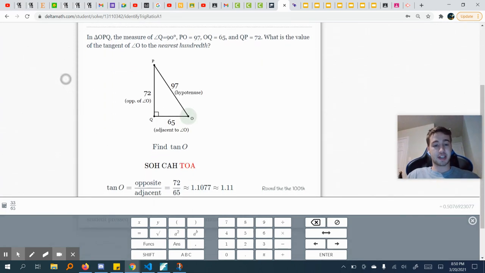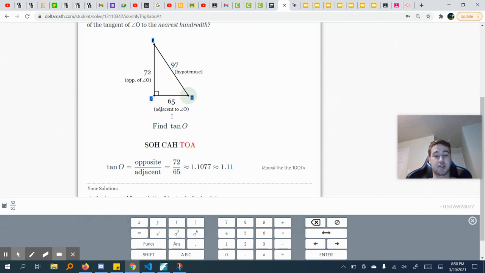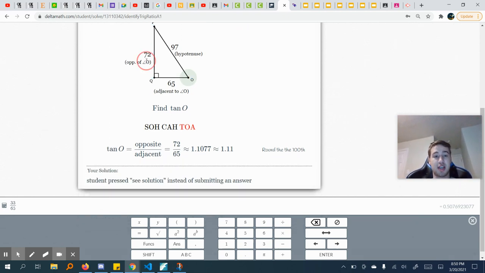We are going to see that the side opposite of O is 72, so QP, and the side adjacent is 65. And what we're going to do to find the tangent is SOHCAHTOA, so 72 over 65, because opposite over adjacent. So it rounds to 1.11.